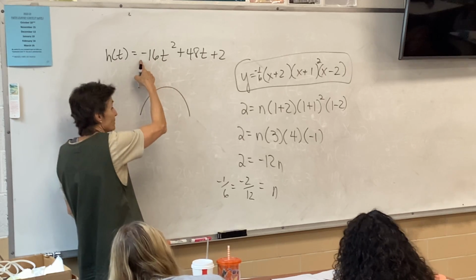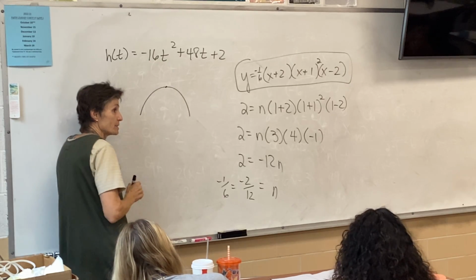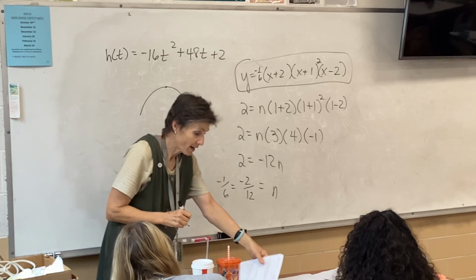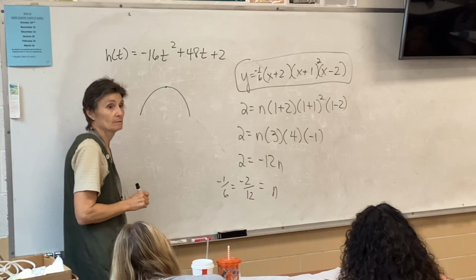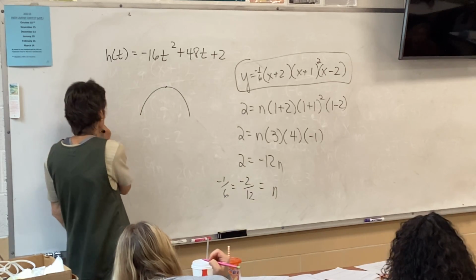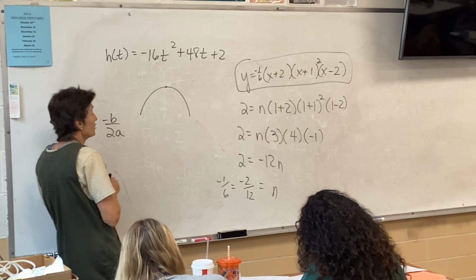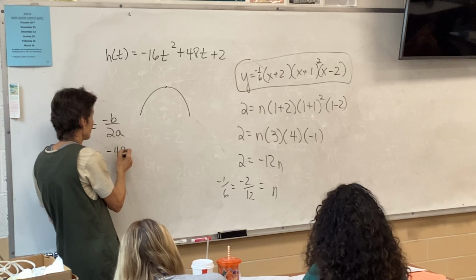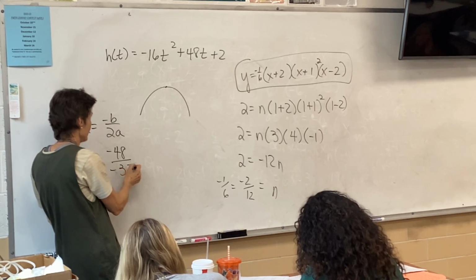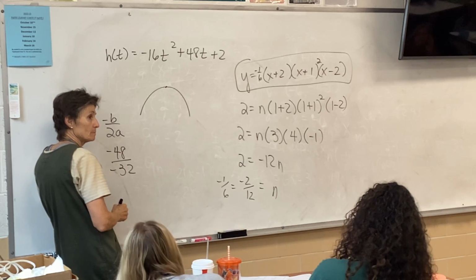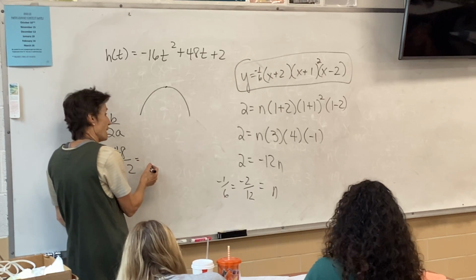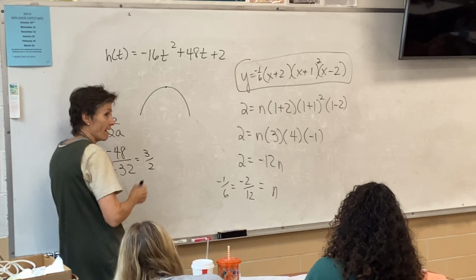It's an x squared negative. It opens down, I want the vertex. How do I find the vertex? x equals negative b over 2a. So negative b over 2a. That's 3/2 or 1.5.